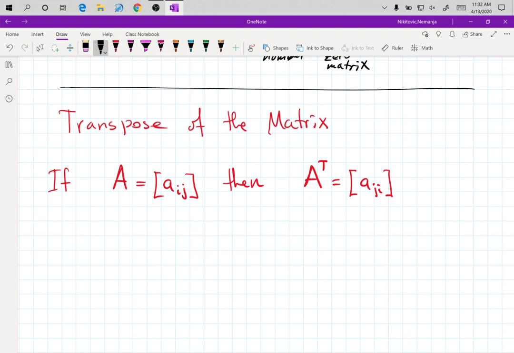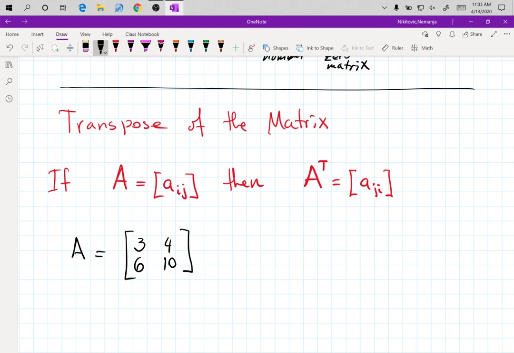So you are in some sense flipping the entries inside symmetrically along the diagonal line. Let me give you two examples. We're going to do a rectangular one, and then the special rectangular, which is square. So let's say that your matrix A is given as 3, 4, 6, and 10.